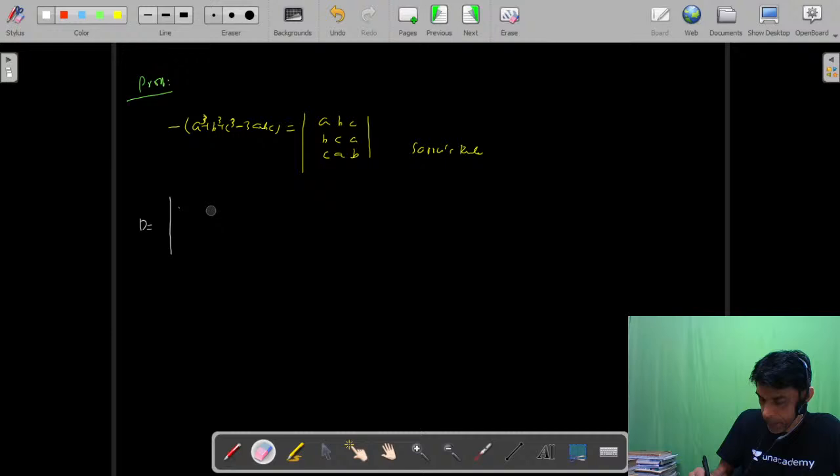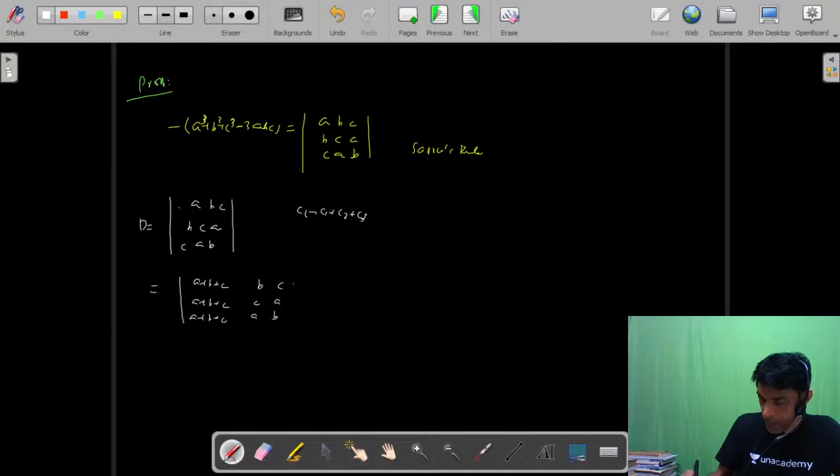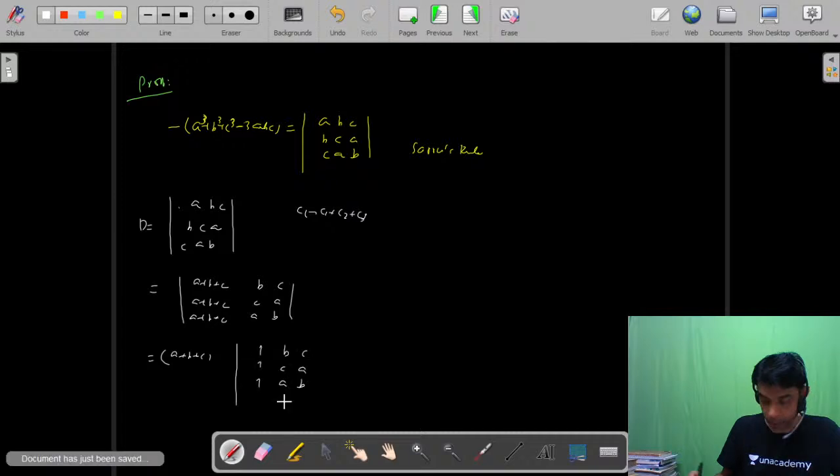This transforms to A plus B plus C, A plus B plus C, A plus B plus C in the first column, and the rest is BCA and CAB. A plus B plus C I can take common from the first column. And then I can write 1, 1, 1, BCA and CAB.